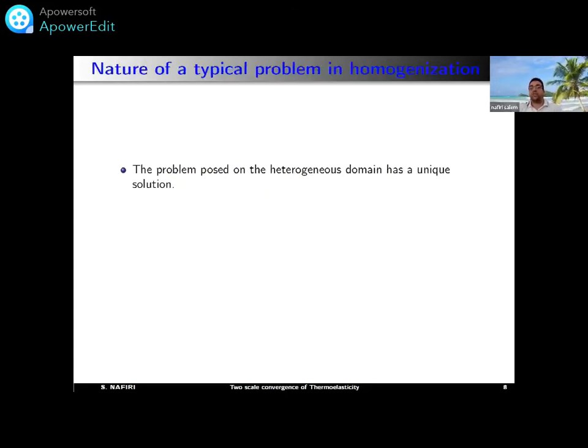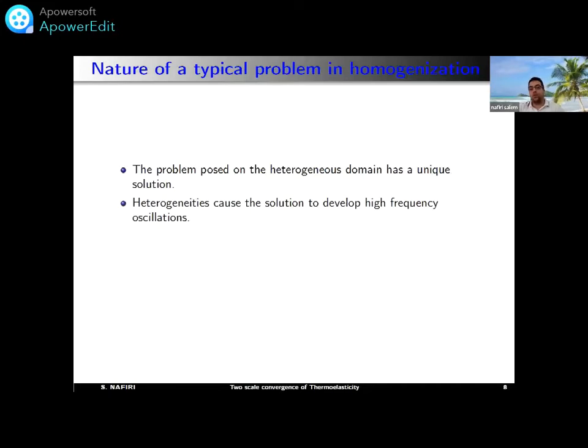So the nature of a typical problem in homogenization is the following. The problem is posed on the heterogeneous domain. We assume that it has a unique solution, since we are looking for the best composite material, lightweight and strong. So it must be a unique result.